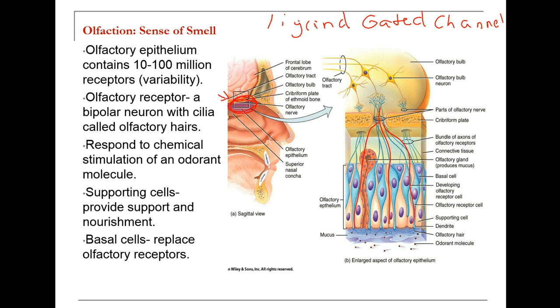So if you recall, a bipolar neuron is where you have the neural cell body with the nucleus, and then you have one primary dendrite and one primary axon, right? So the dendrites are going to go all the way down into the olfactory epithelium, and the axons will go up and synapse with neurons in the olfactory bulb and become part of the olfactory cranial nerve.